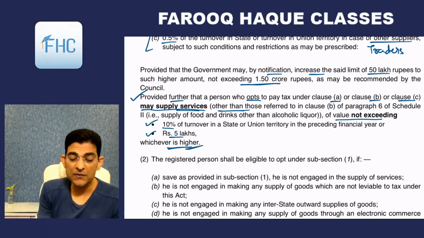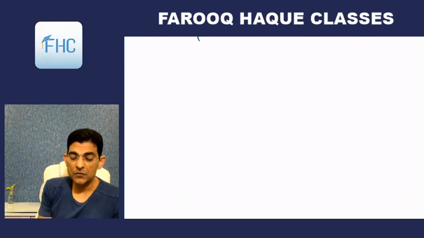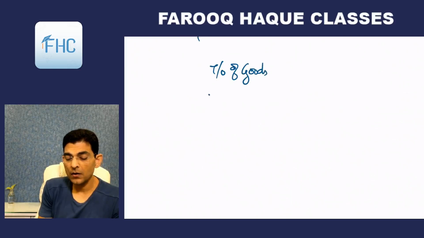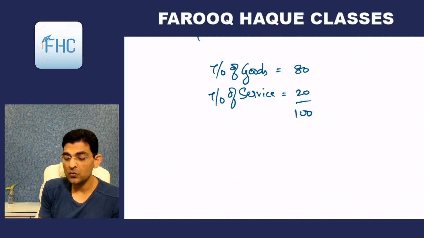So let me explain with a few examples. Suppose your turnover of goods and turnover of service, you are doing both goods as well as service. So your goods turnover is say 80 and your service turnover is 20, so your total comes to 100.